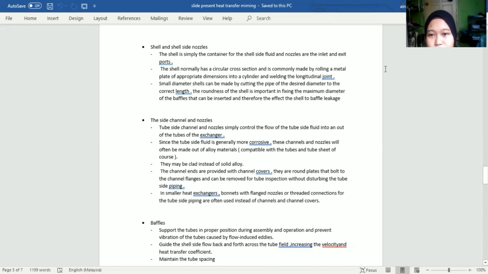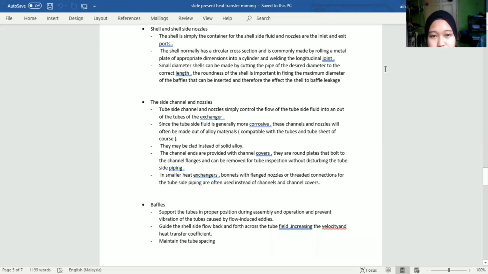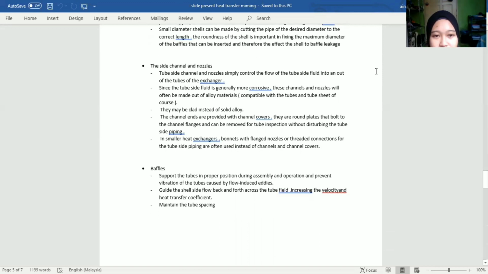Small diameter shells can be made by cutting pipe of the desired diameter to the correct length. The roundness of the shell is important in fixing the maximum diameter of the baffles that can be inserted, and therefore in limiting the shell to baffle clearance.